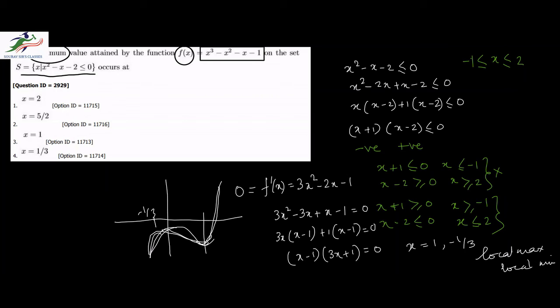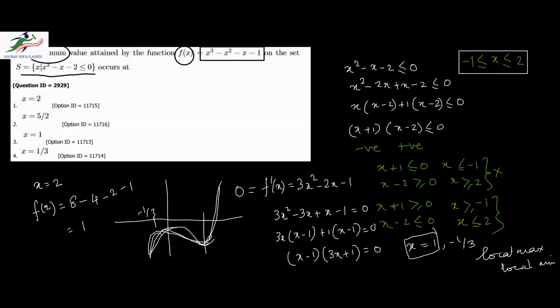So since we are talking about the range of minus 1 to 2, x can take a value which is greater than plus 1. So any value above plus 1 will be giving an increasing value of the function. So if we put x equal to 2 in this function, we will get f(2) is equal to 8 minus 4 minus 2 minus 1, which is 8 minus 7 or 1.